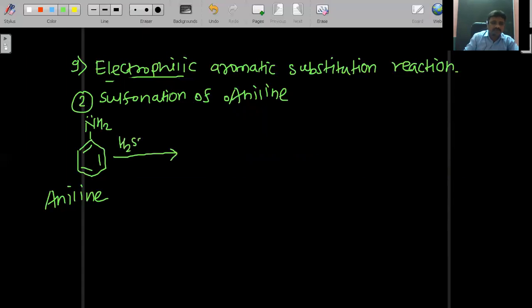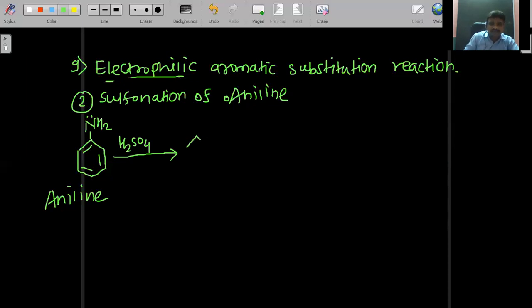In this reaction concentrated H2SO4 is used to protect the functional group. Now NH2 is basic, means it is a base, and this is an acid. So what happens, when acid and base come closer to each other, salt is formed. Acid donates H plus ions and base captures H plus ions.